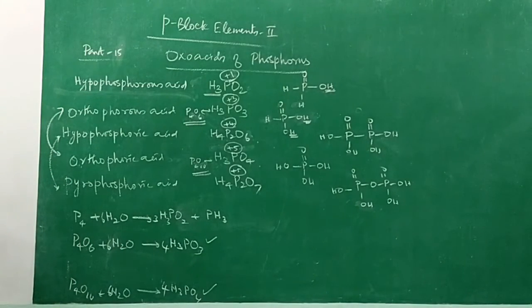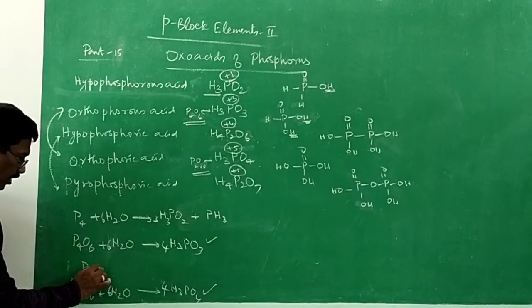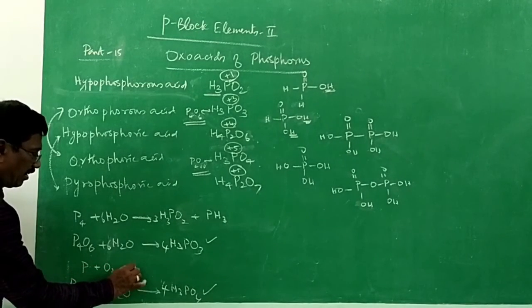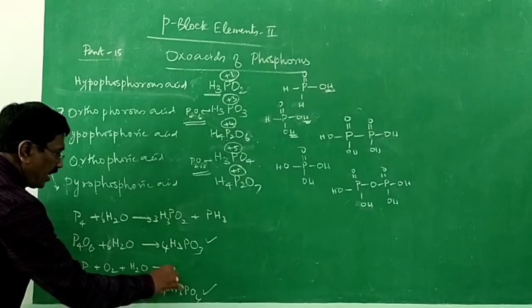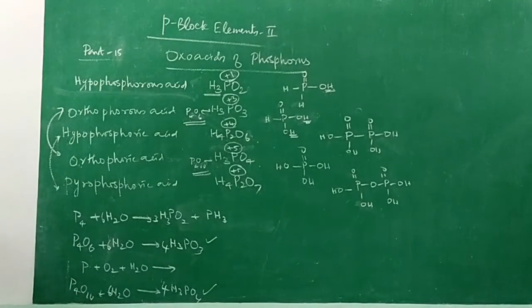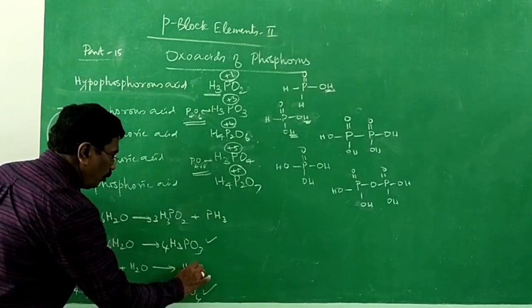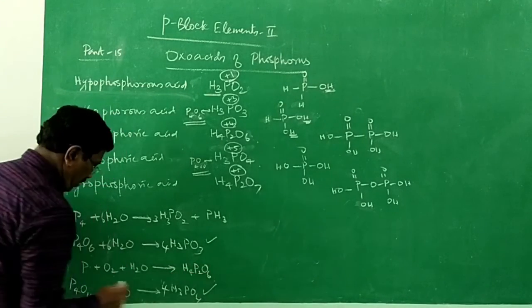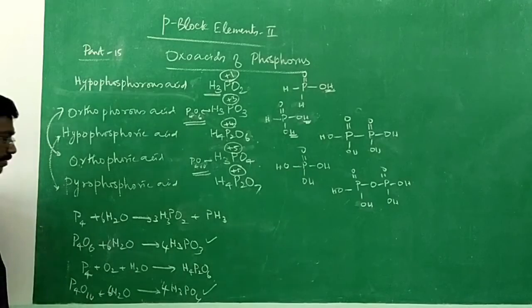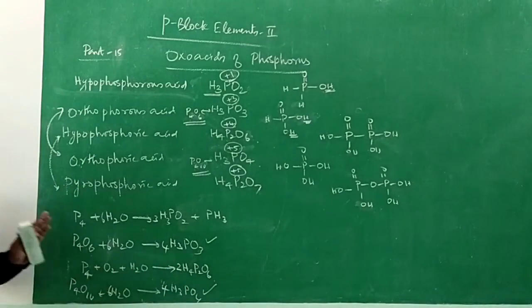Alright. In between we have hypophosphoric acid H4P2O6. It is a little bit difficult. Oxidation of phosphorus and at the same time hydrolysis: reacting with air and water results in the formation of H4P2O6. It is P4, therefore we get 2. Phosphorus, oxygen, water, you should remember.